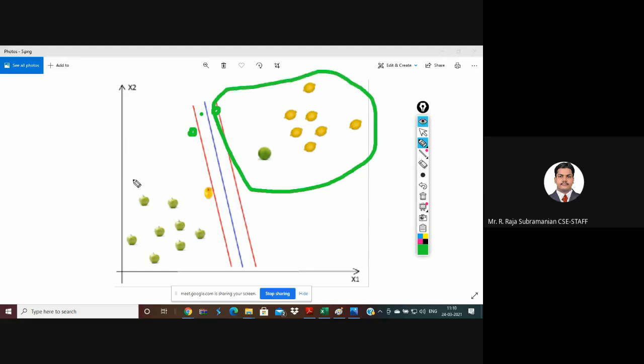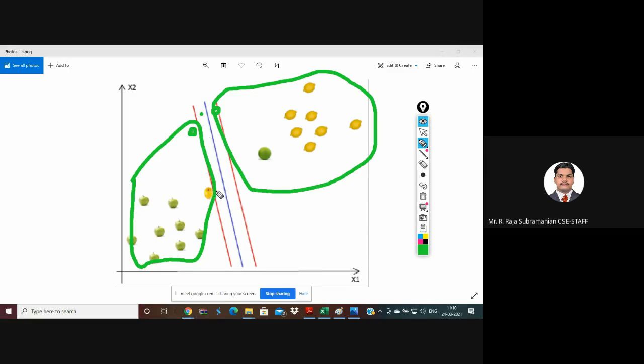The space for the apple class is very little, whereas the space for the lemon class is very high. Because the plane is not optimal, it is one-sided. It will classify the test set mostly as lemon rather than apples.